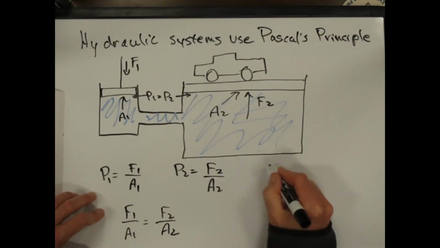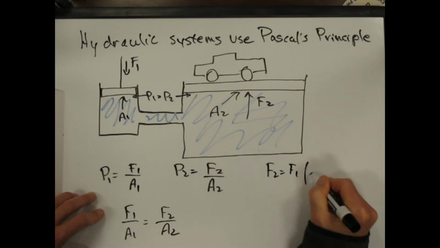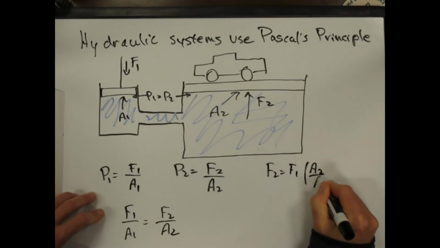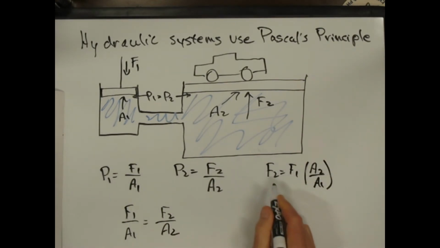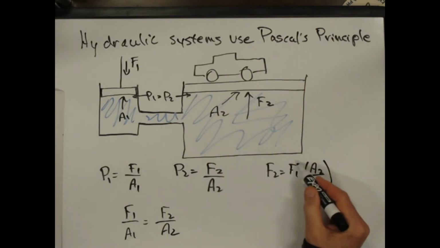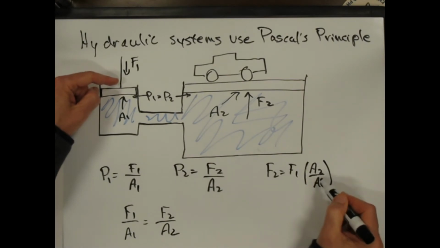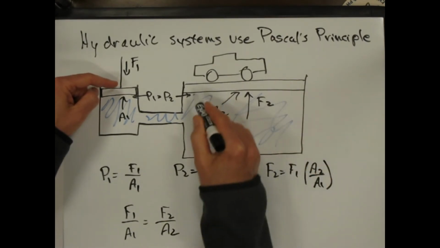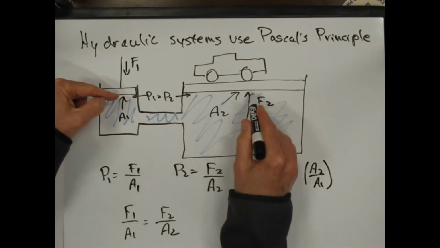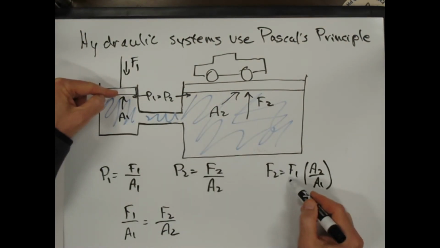And that means that F2 is F1 times A2 over A1. And so the force that I get on this side is the force that I apply on this side multiplied by the ratio of the areas. So if this area is 100 times bigger than this area, then I get 100 times the force.